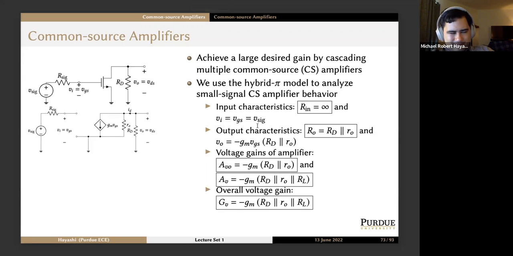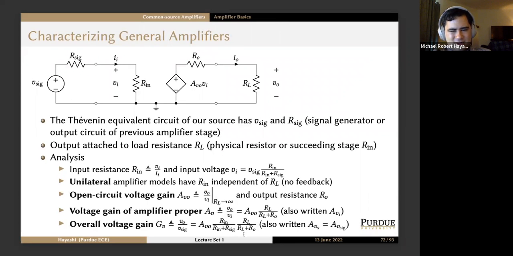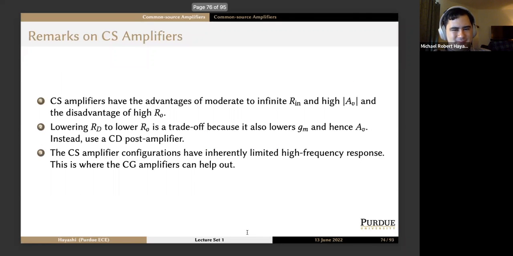I misspoke. Let me take that back. You want a very low output resistance instead, so that when you connect a load, this term, RL over RL plus RO, is basically 1.